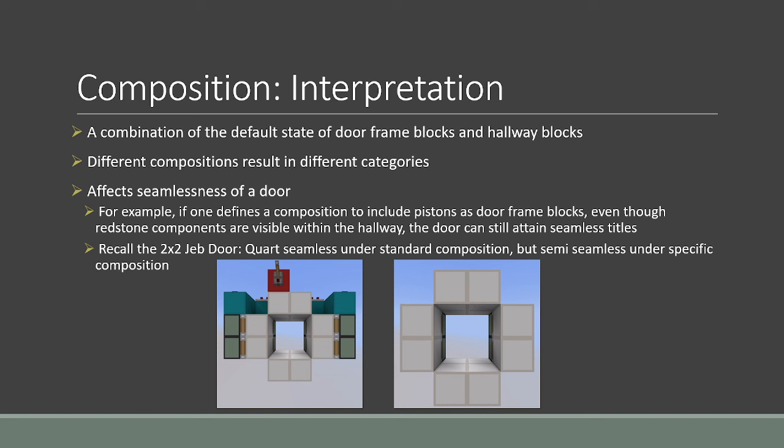But if we use the right image to define the composition of this door, we can say that this 2x2 jet door is semi-seamless under this composition. So you see, the differences in defining the composition can affect the seamless tiers of a piston door, even though it's exactly the same door.